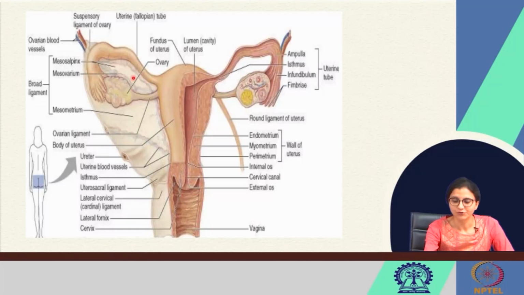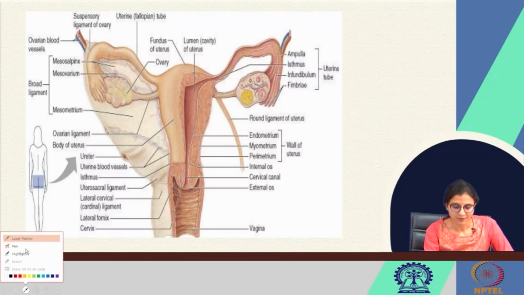These are the two ovaries on both sides, and the ovary is attached to the uterus by the ovarian ligament. Below the cervix is the vagina, right?